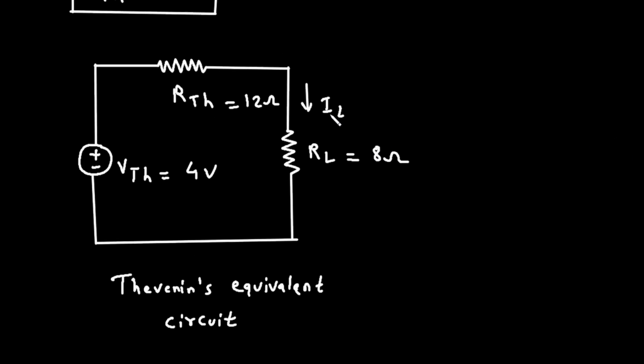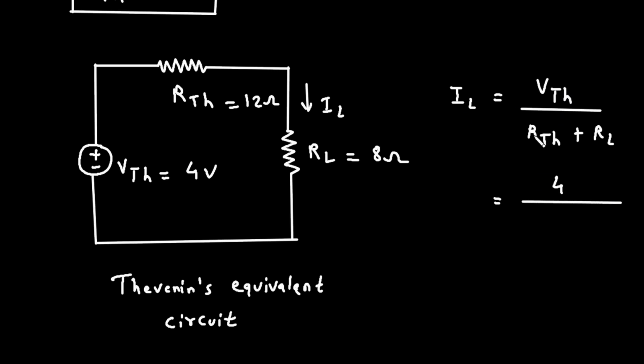Now the formula to calculate IL is equal to VTH upon RTH plus RL. So the value of VTH is 4 volt, the value of RTH is 12, and the value of RL is 8.